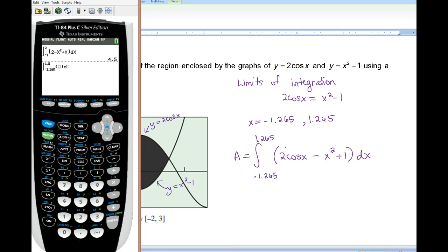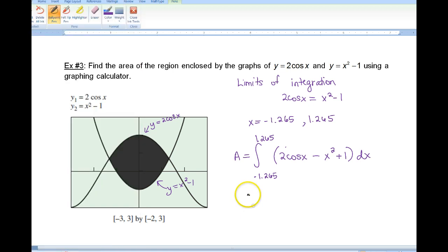You guys have this? What did you get? 4.995. Go to the thousandths place, always.